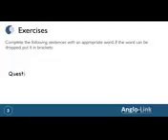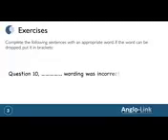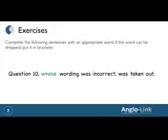Number 3. Question 10, wording was incorrect, was taken out. Question 10, whose wording was incorrect, was taken out. You cannot drop the relative pronoun.